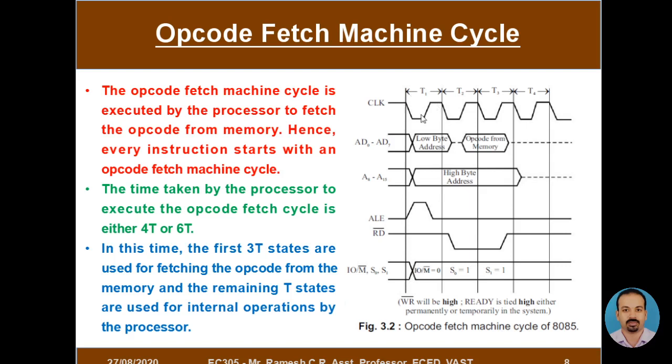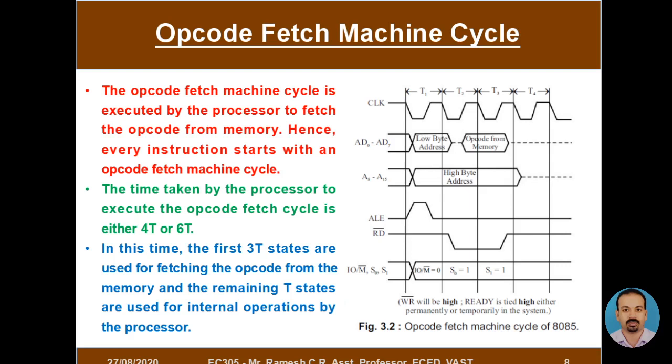Why we draw this cross mark here is just to show that you are having some sequence of 0 to 1. So what is the actual value now? Previously AD0 to AD7 and A8 to A15 had some sequence of zeros and ones, that is, some address values. Now at this instant it is shifting to a new value.